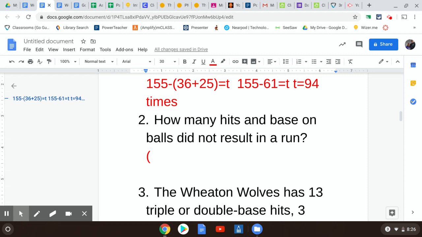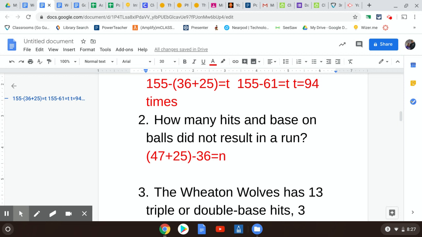So there were 47 hits and 25 base on balls. And we're going to minus the number of runs that were scored because we want to know how many did not result in a run scored. So you're going to minus 36, and that is going to equal your answer.